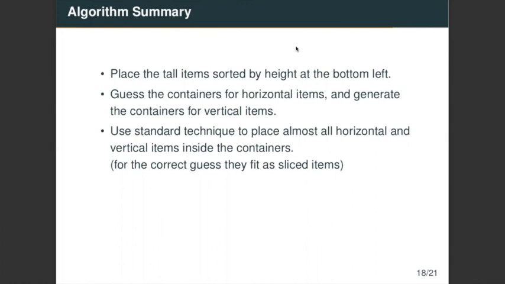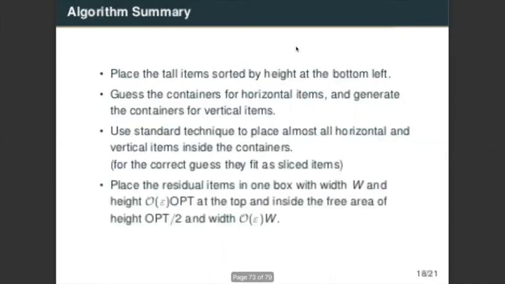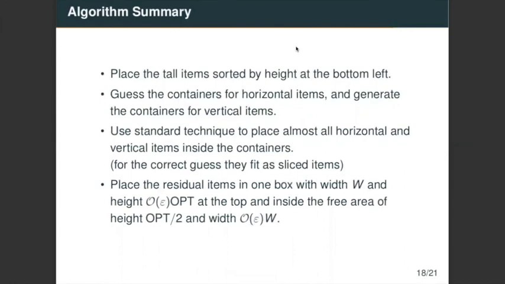Note that if we made the correct guess of the containers, then the items fit inside these containers, allowing slicing. And finally, for the discarded items, we need an extra horizontal box, which we put at the top of the strip, and an extra vertical box, which we can place inside the free area that we guaranteed in the structural lemma.